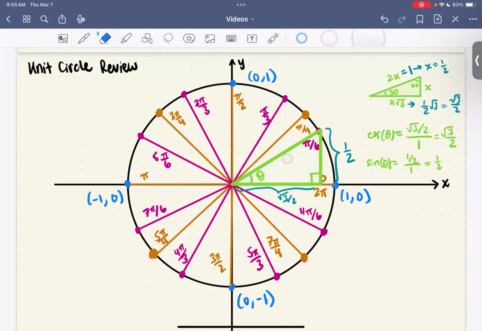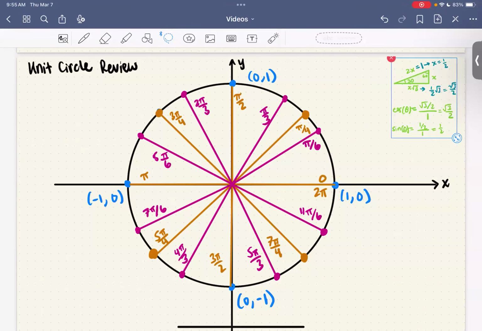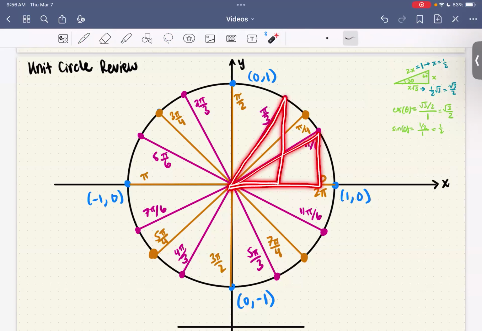So let me get rid of some of these things so it's a little less messy. Okay. I'll keep this off to the side, kind of cool. Now, that's for the 30, 60, 90 triangles. That's all of these triangles, the ones with the pi/6 angle.